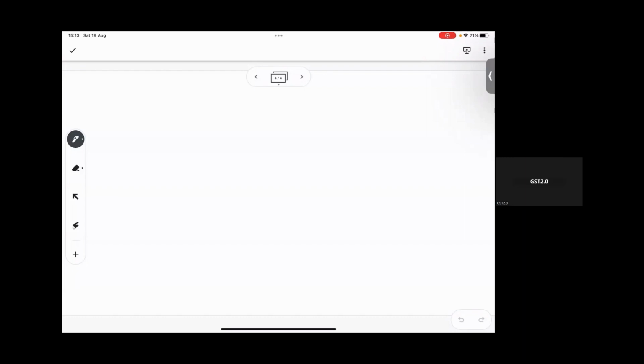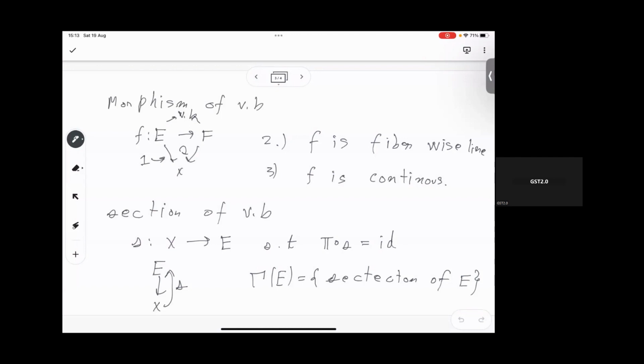Dr. Mohit, can you explain the second point? There is a question in the chat. It says, can you explain the second condition? Second condition, fiber-wise linear. So what it really means is that remember that for a vector bundle E, for every point x, the fiber above that point is a vector space, right?